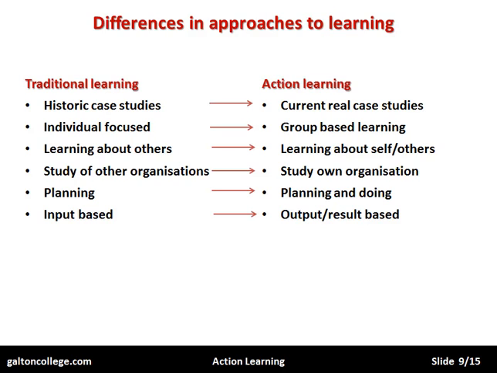Traditional learning is input based. By that we mean we may look at the sources of knowledge and experience and ideas that are contained within literature, within learning situations, and look at these as something which has been input to us.